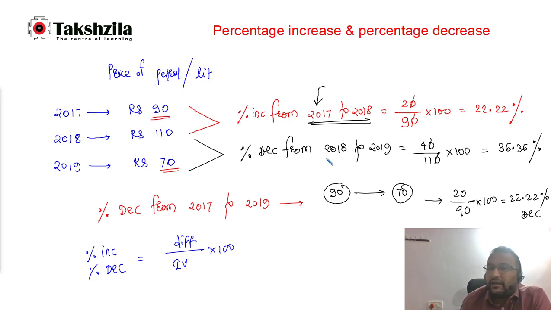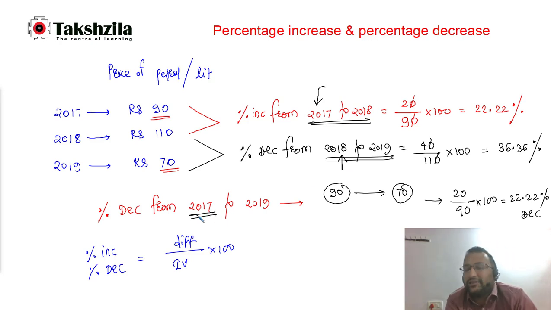Here we are dealing with percentage decrease from 2018 to 2019, so the value corresponding to the year 2018 acts as the initial value, and here the value corresponding to 2017 acts as the initial value. This is how we can find percentage increase and percentage decrease.